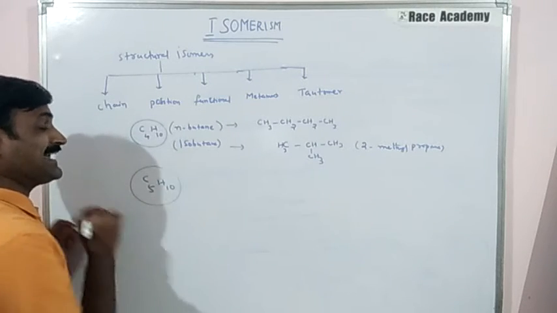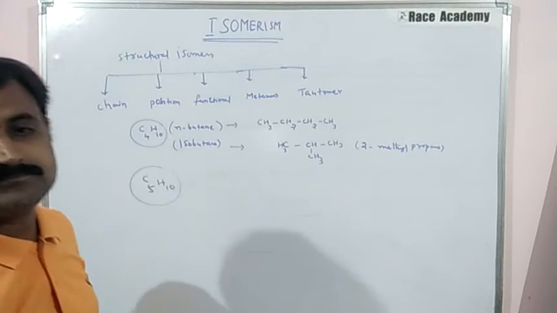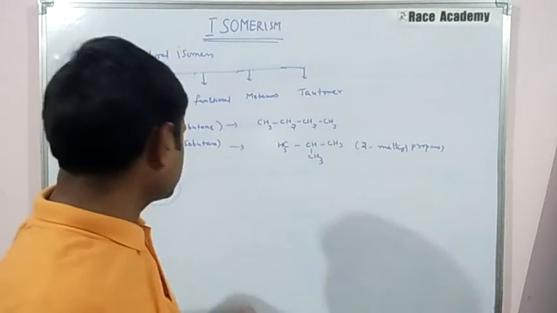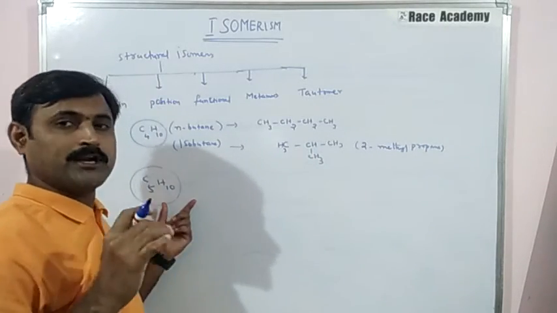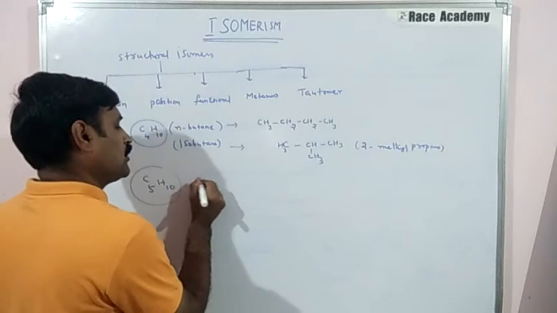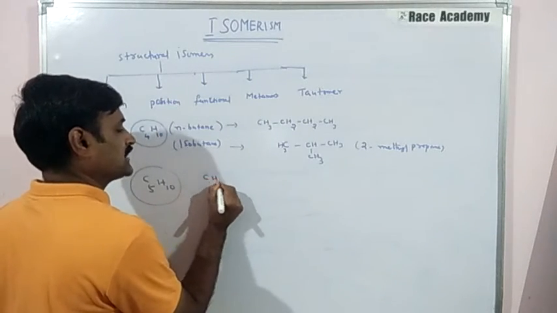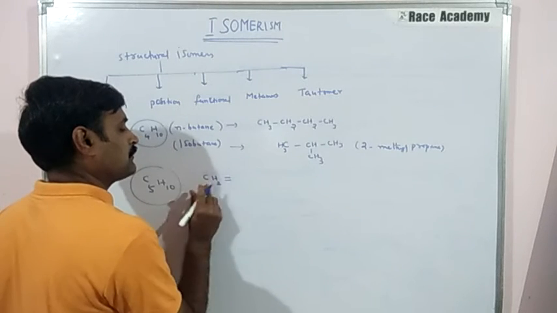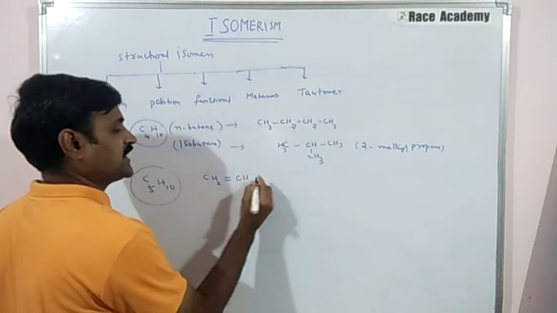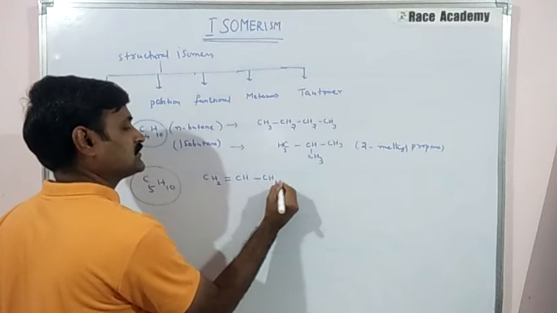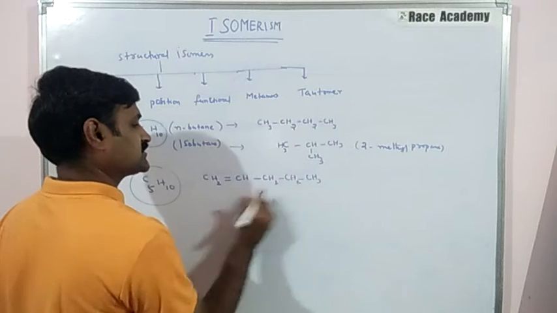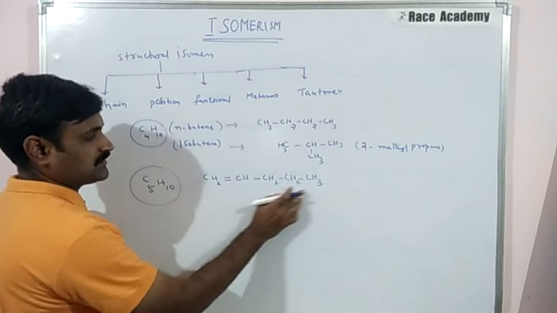It is not pentane, it is pentene, a double bonded alkene. Suppose you write the double bond here: CH2, CH, CH2, CH2, CH3.